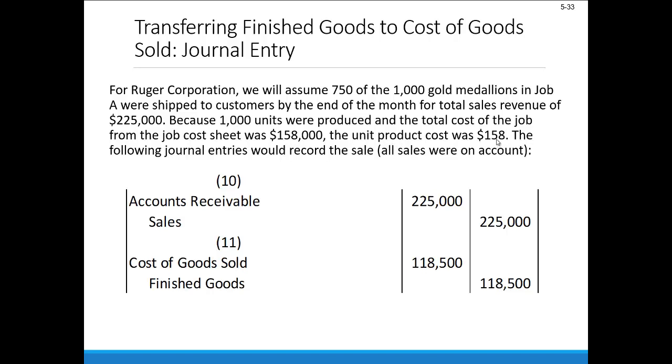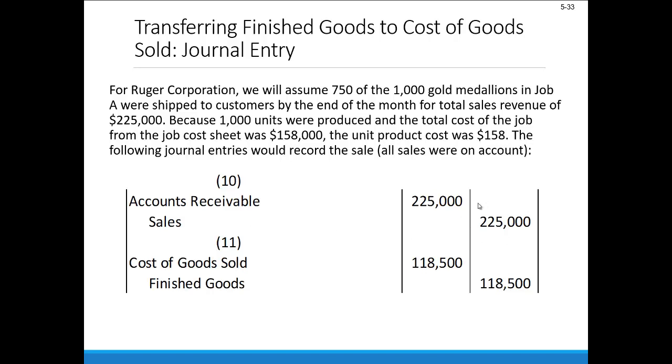So we'd have two entries for that sale. Let's assume all sales were on account there. First would be to recognize the sale itself. So we're going to book a debit to accounts receivable, an asset account, for $225,000. That's what we billed to the customer. And then we're going to have a credit to sales or sales revenue, a revenue account, for the same $225,000.